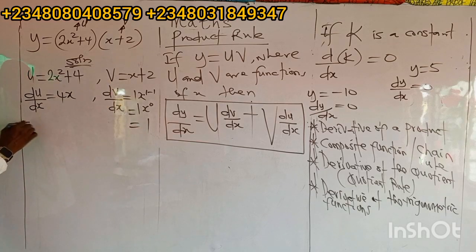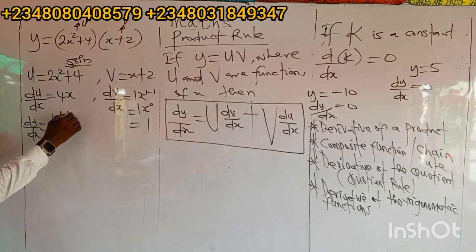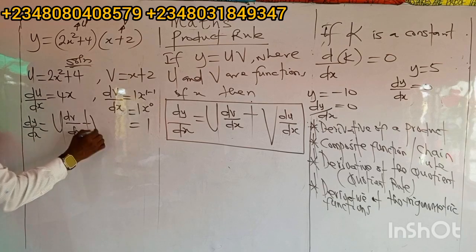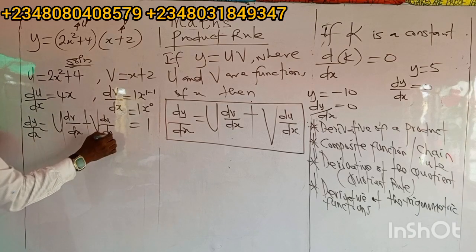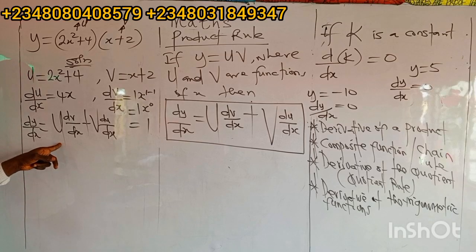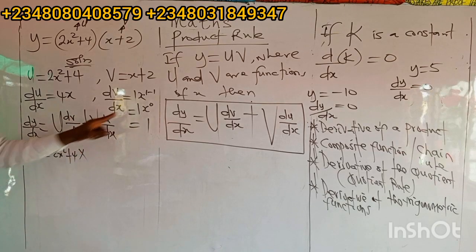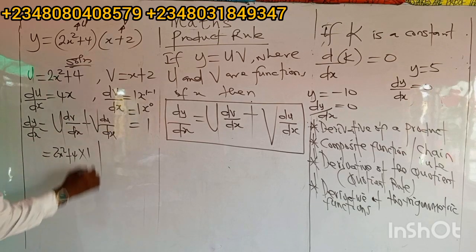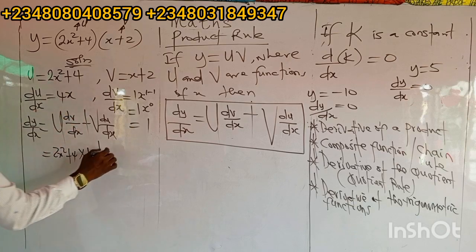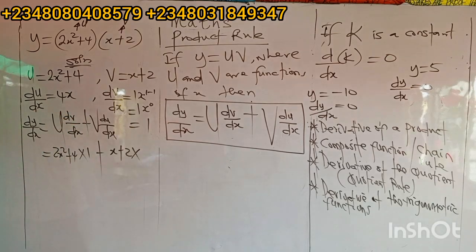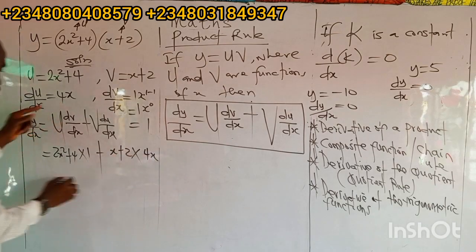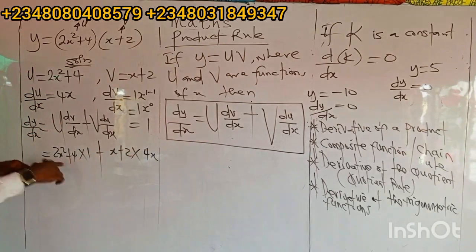So what's the formula? Our dy/dx equals u dv/dx plus v du/dx. So this will keep our u constant. Where's our u? 2x squared plus 4, times dv/dx, that is 1. Then plus our v, x plus 2, times du/dx, that is 4x. 1 times anything is that thing.